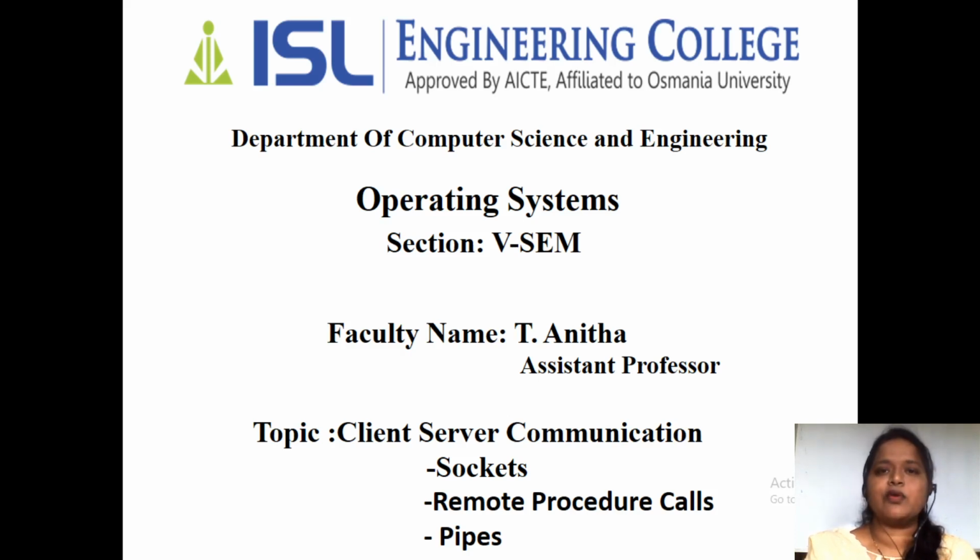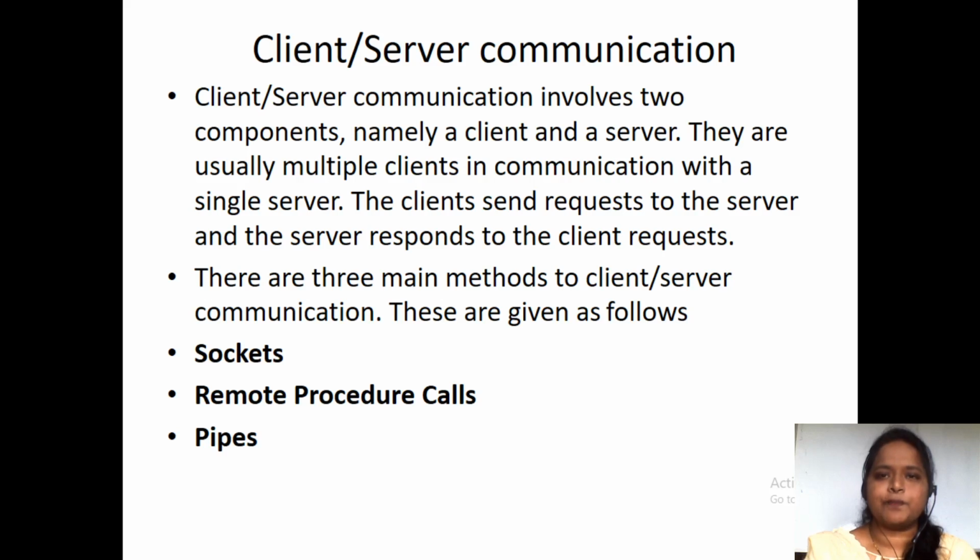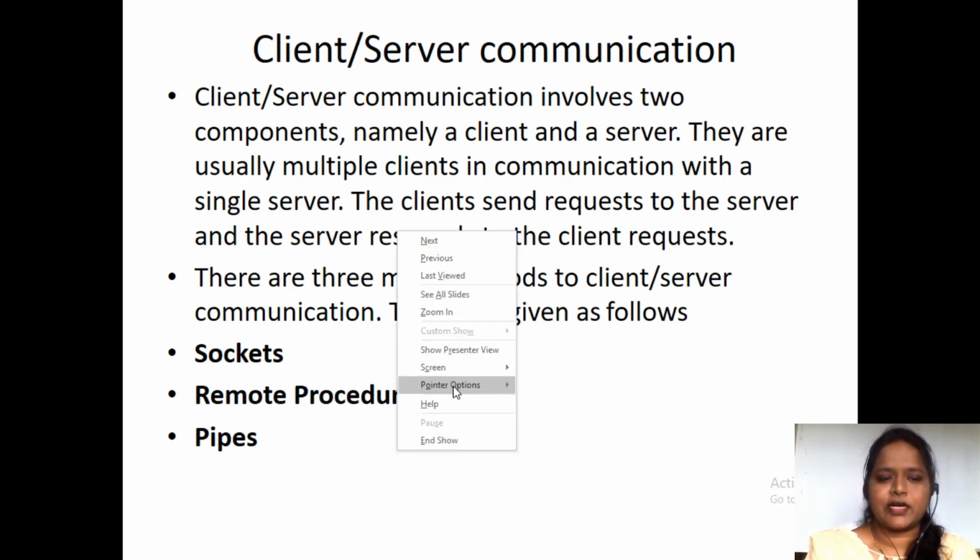When we talk about client-server communication, as the name itself indicates, we have to make a communication between the client and the server. That we do by making use of different methods.